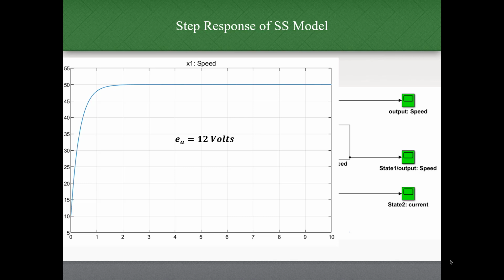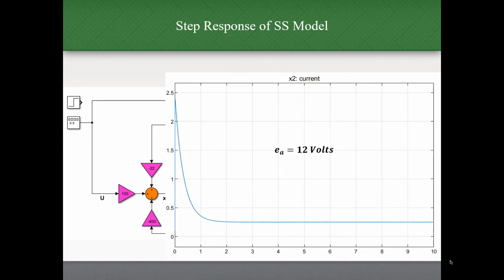Using a 12 volt input, you can see that the speed goes up to 50 RPM, and using the same input, we can see the current decreases from something near 2.4 to 0.4.